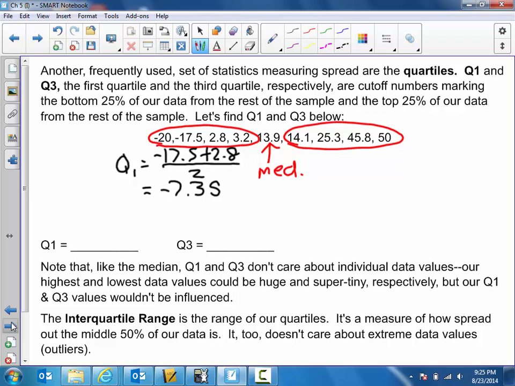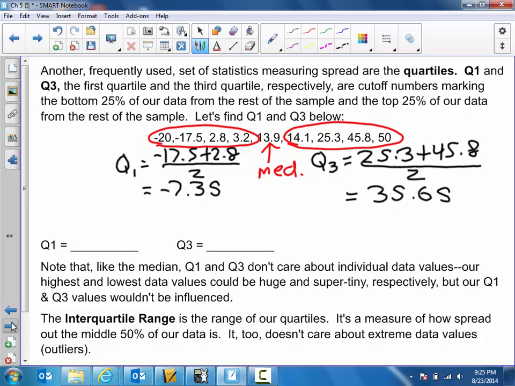Similarly for the upper half of the data, quartile 3 is equal to the average of 25.3 and 45.8, which would come out to be, did I write this down? Awesome, 35.65. So let's make note of these right here: for this data set in red, we had quartile 1 at negative 7.35, and we had quartile 3 at 35.65.